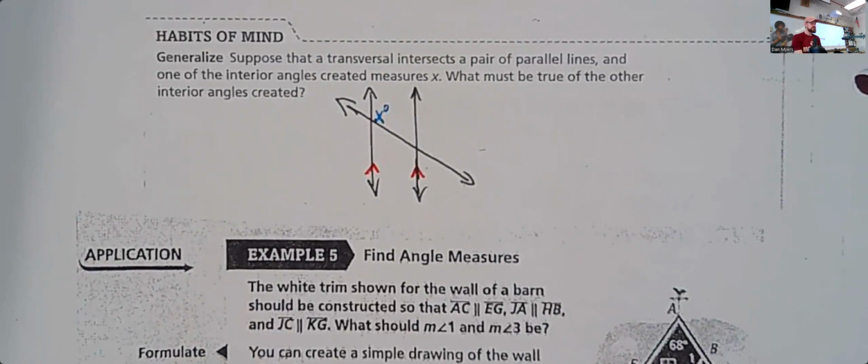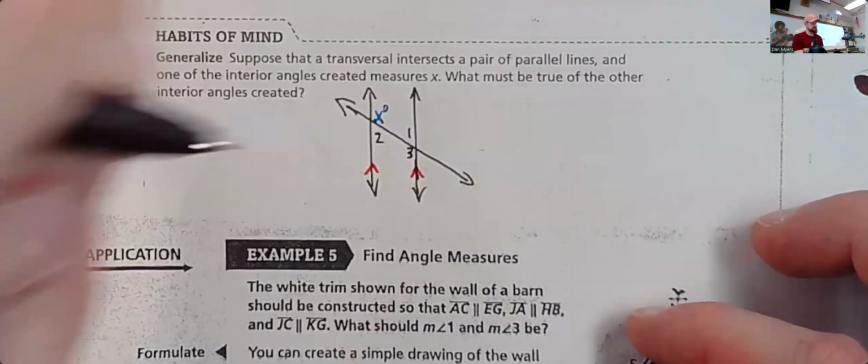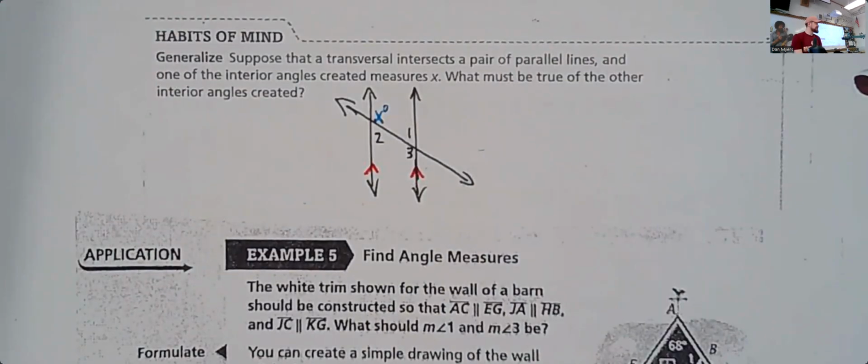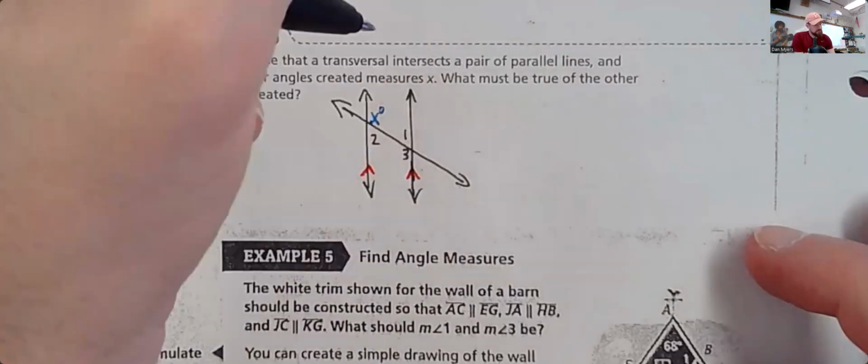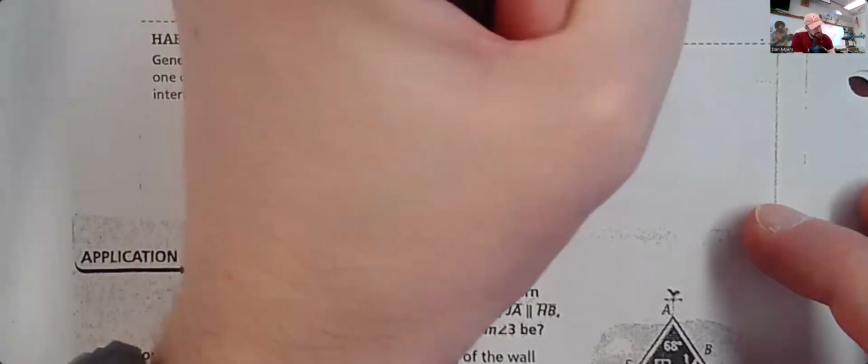Let me number these. 1, 2, 3. Which one is equal to x? 3, because they are what? What do we call those? Yeah, alternate interior angles. So measure of angle 3 equals x.